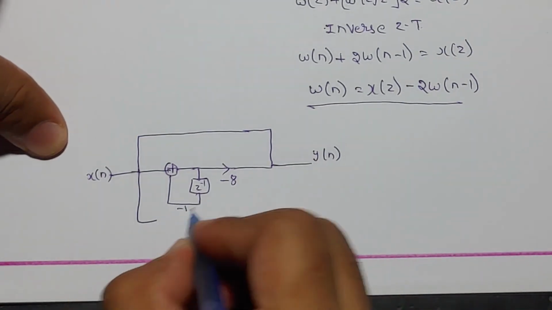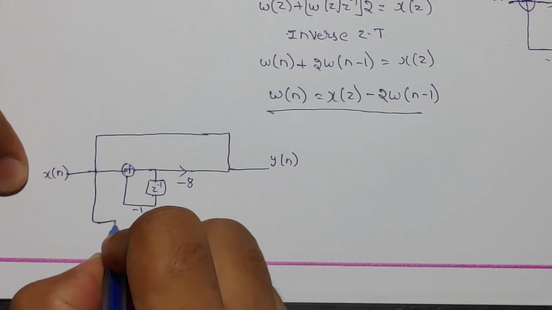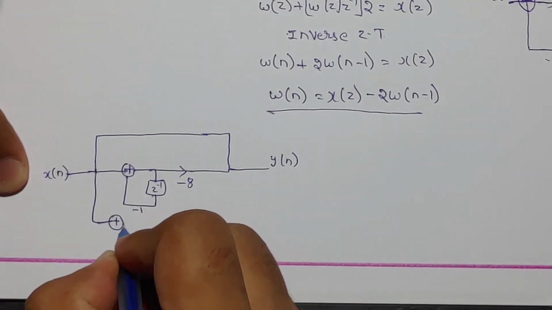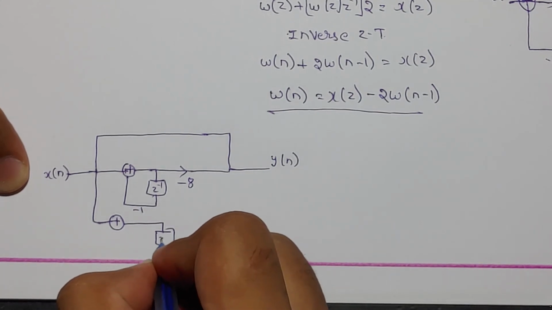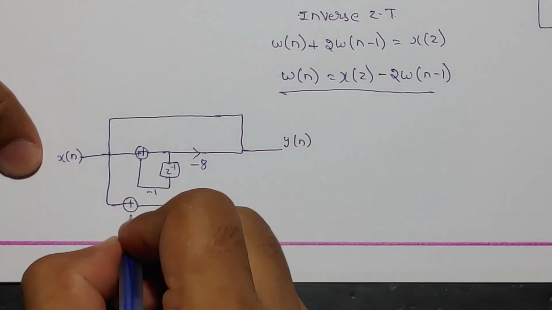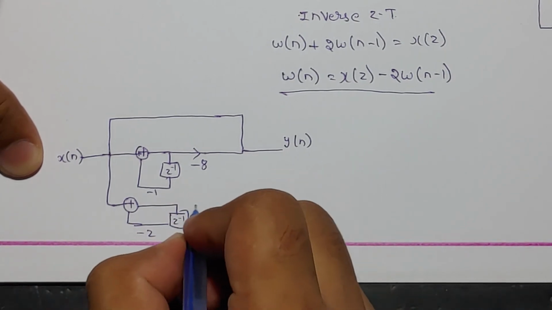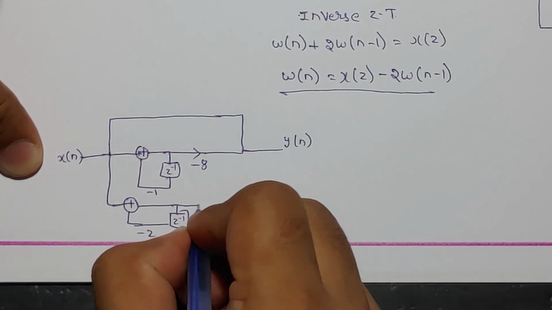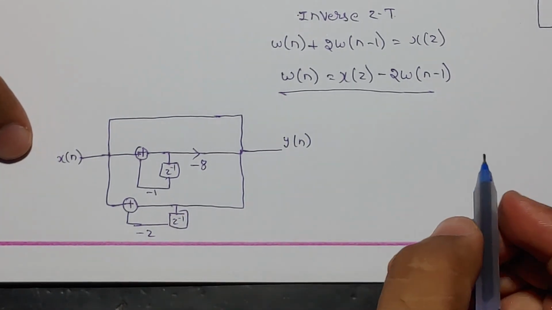And for the next sequence of this, we have to add an adder with a scalar delay, and an output of it is multiplied with a constant -2 to give an output w[n], which is then added to the equation.